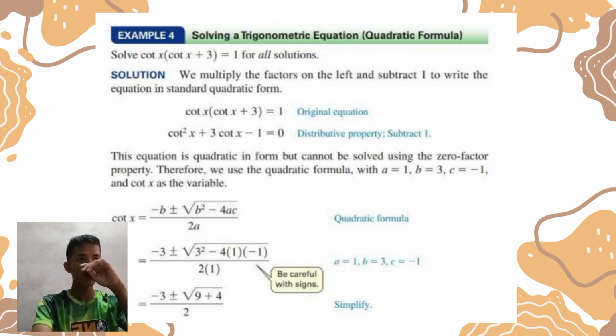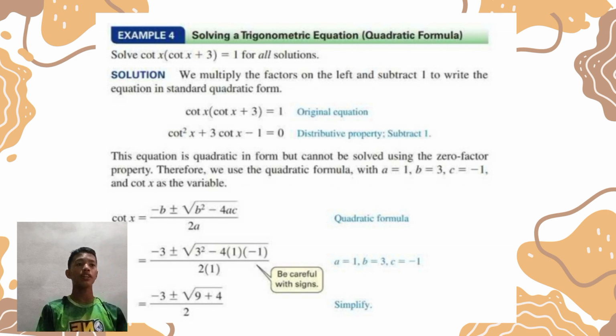So we have cotangent x equal to negative 3 plus or minus the square root of 3 squared minus 4 times 1 times negative 1, over 2 times 1, because we are using a equal to 1, b equal to 3, and c equal to negative 1.